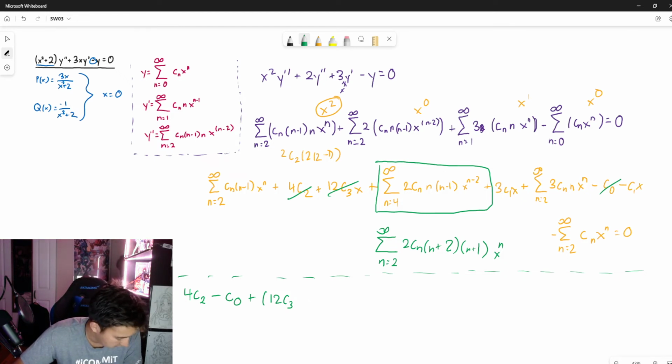That is plus 2 D1 x. Add on everything under a sum of n equals 2 to infinity.